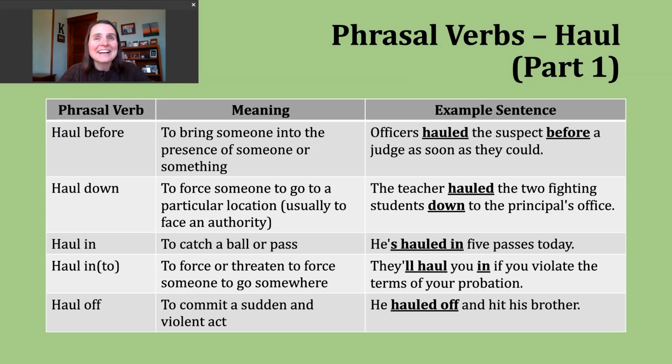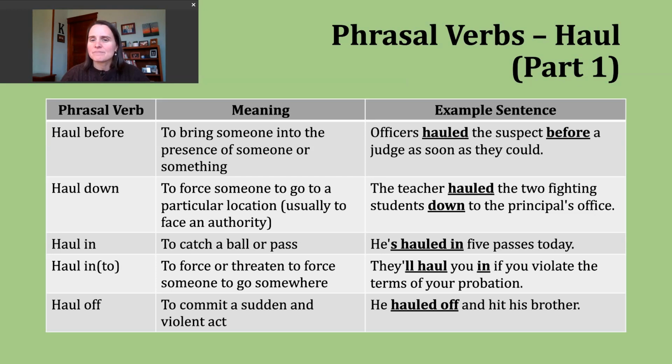Let's take a look at another example. The second phrasal verb I have here is to haul down. This can mean that we're forcing someone to go to a particular location, and generally it's to deal or face a person of authority.